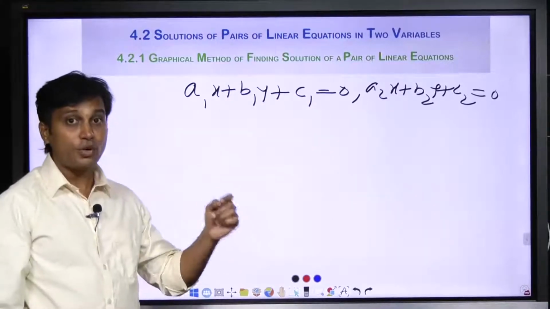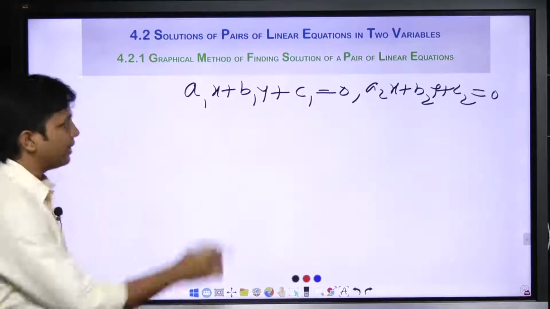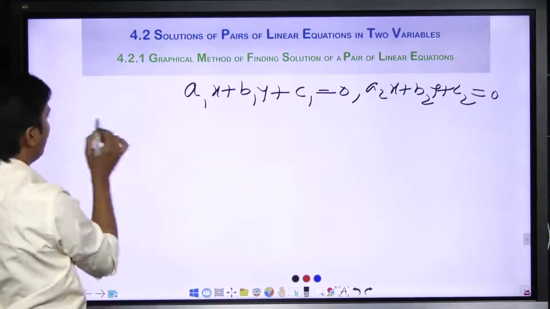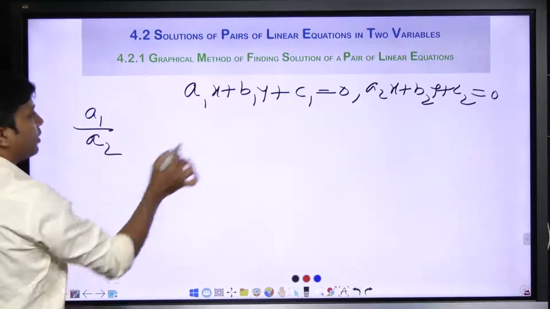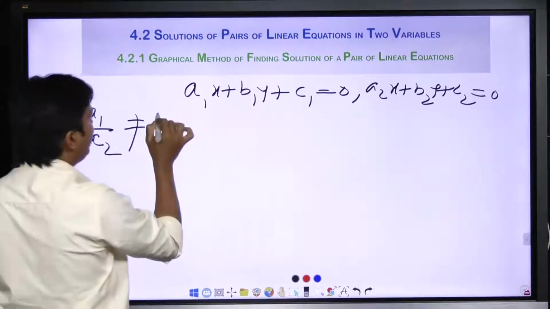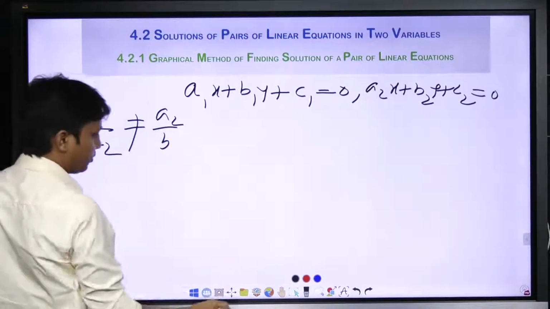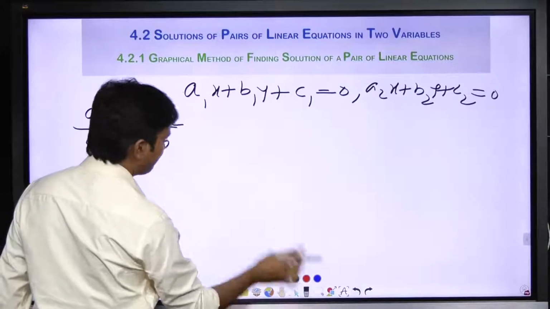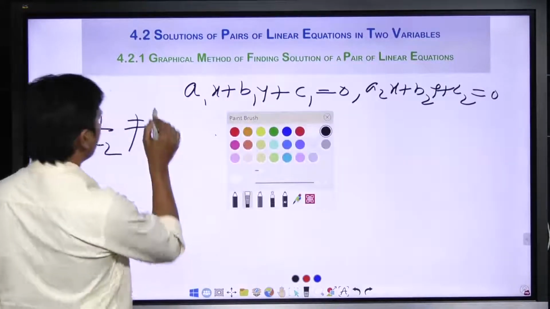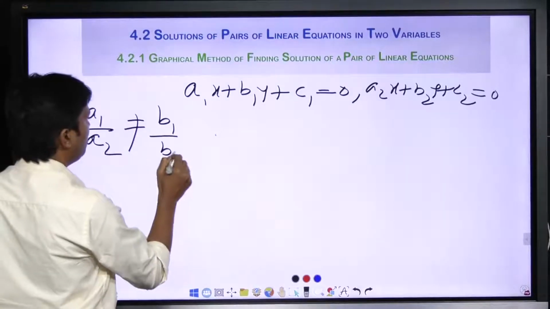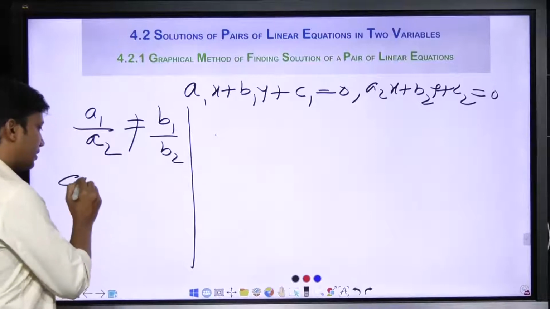The ratio of the coefficients of x shouldn't be equal to the ratio of coefficients of y. So a1 upon a2 shouldn't be equal to b1 upon b2. Then the equations are said to be consistent.